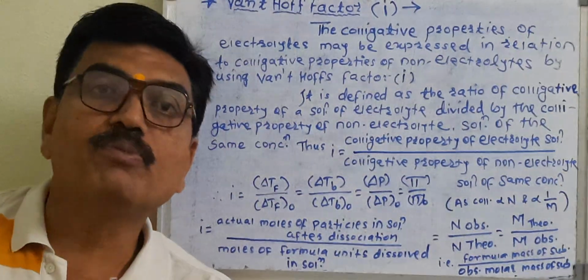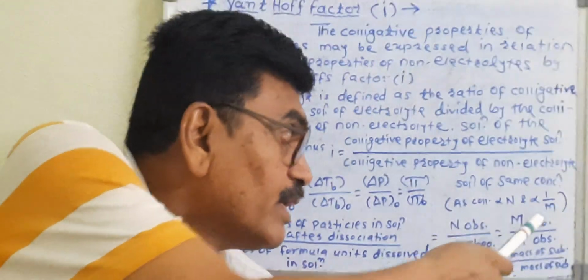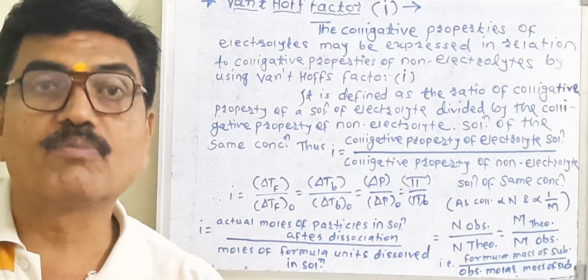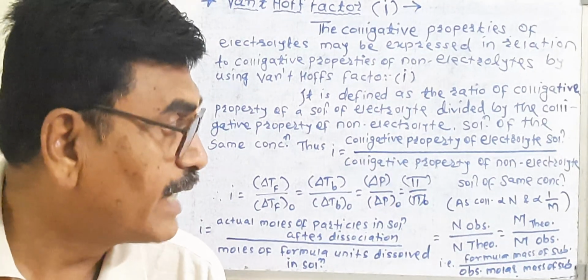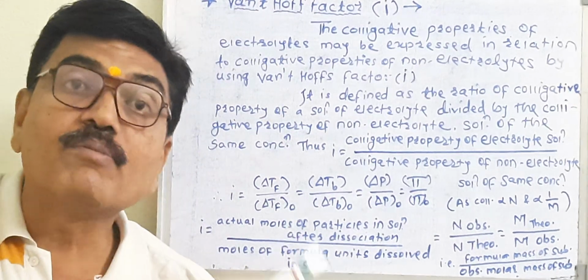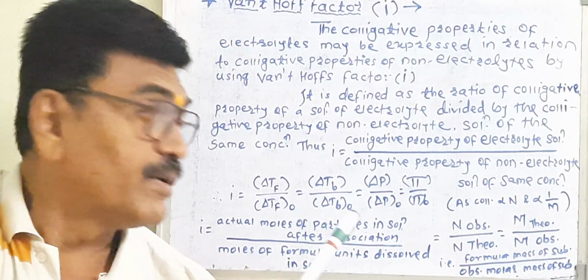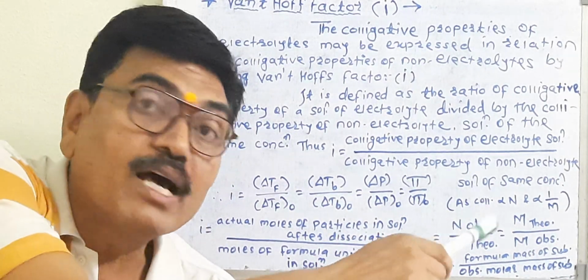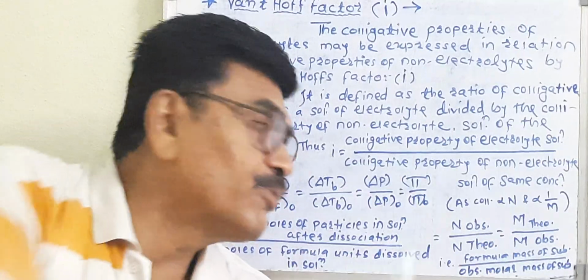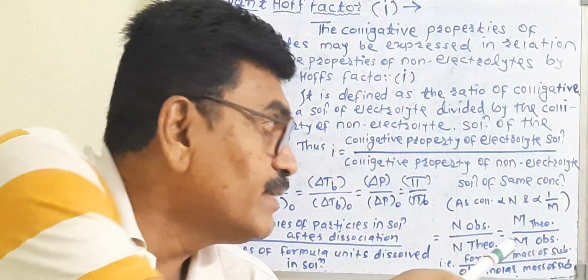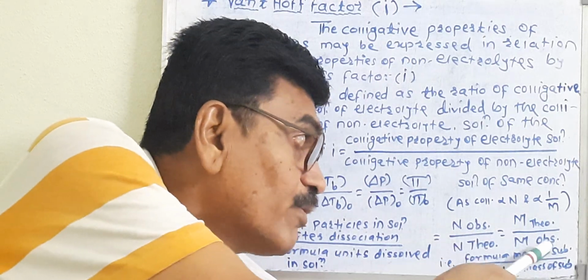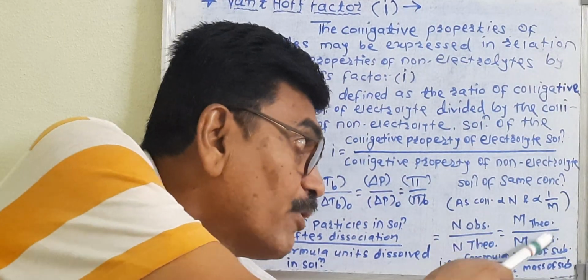When the electrolyte gets dissociated, the number of ions formed increases, but the molar mass decreases, as the bigger molecules split into ions.